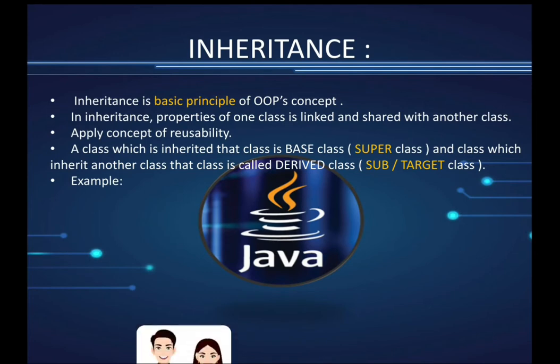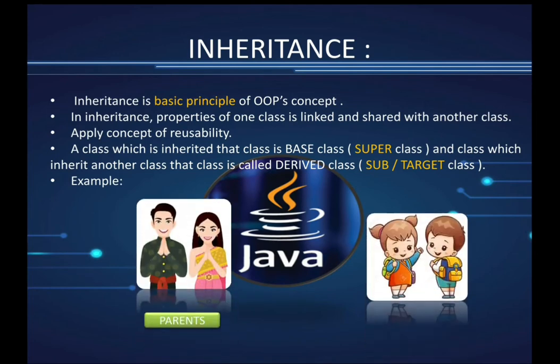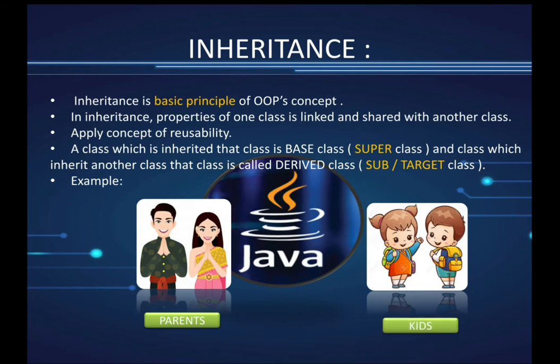Example of parent: parent qualities are inherited by kids, and our parents inherit the qualities of our grandparents. That concept is applied in OOPS also.